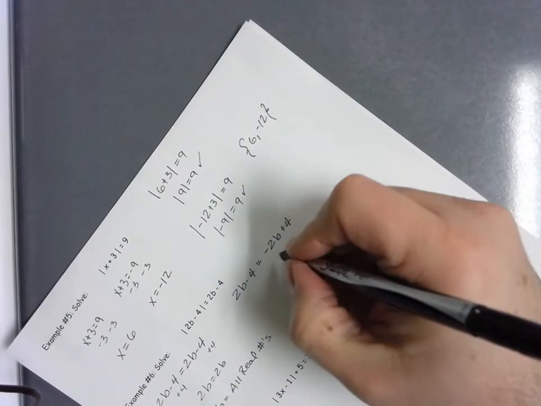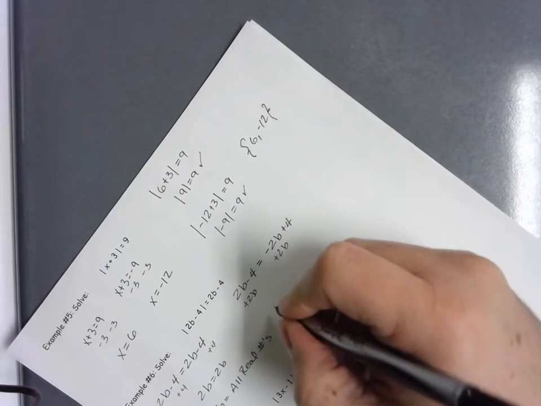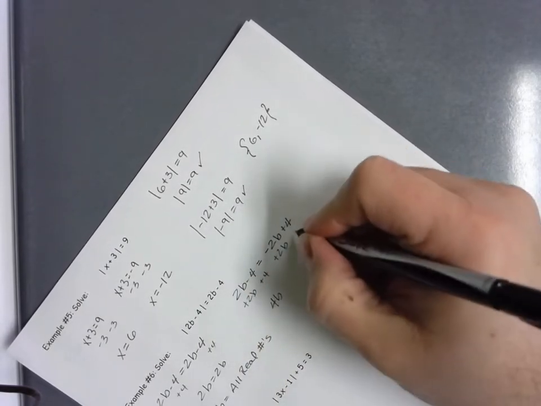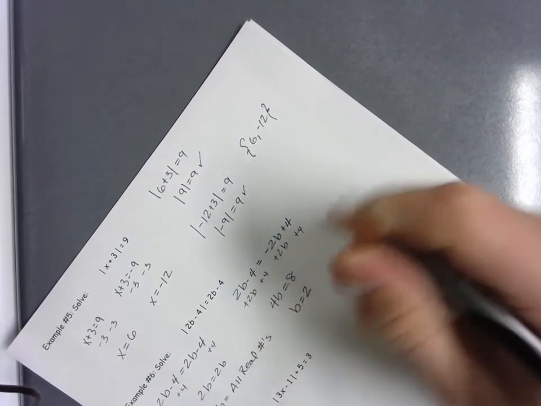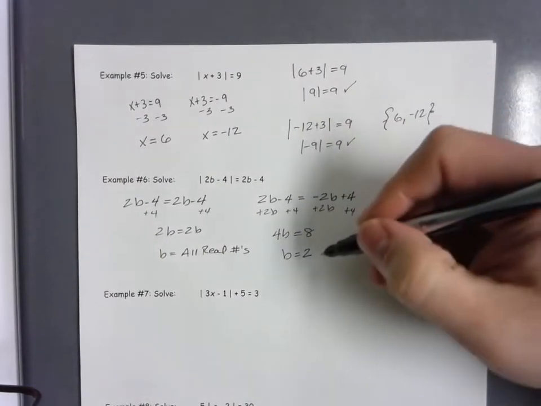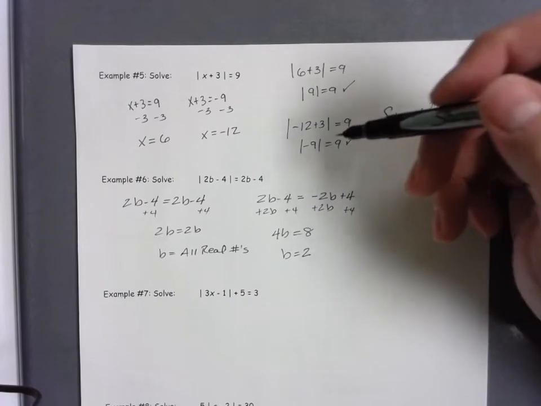Solving on this side, I add 2b here, add 2b here, and I get 4b, add this 4, equals 8, and b here equals 2. Now, that's much easier to try out, if b equals 2, because we can plug in 2 and see if 2 works. The problem becomes this.